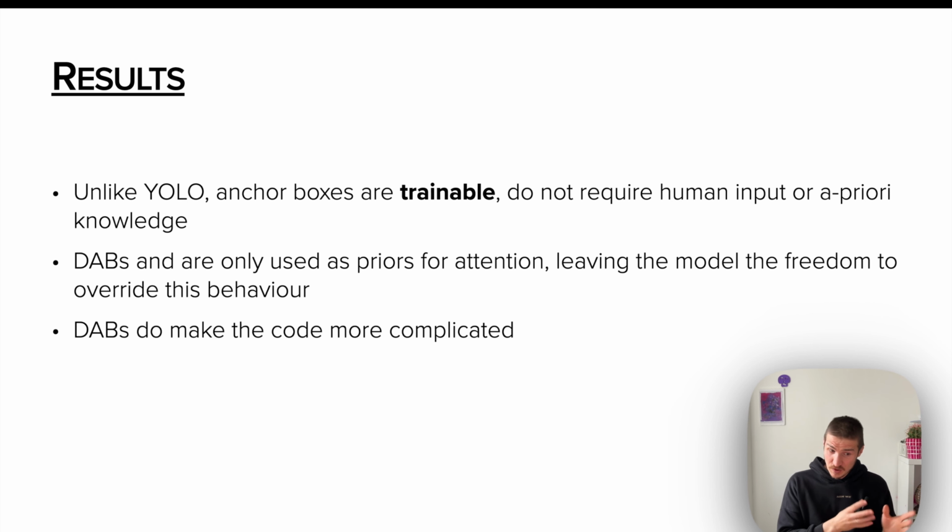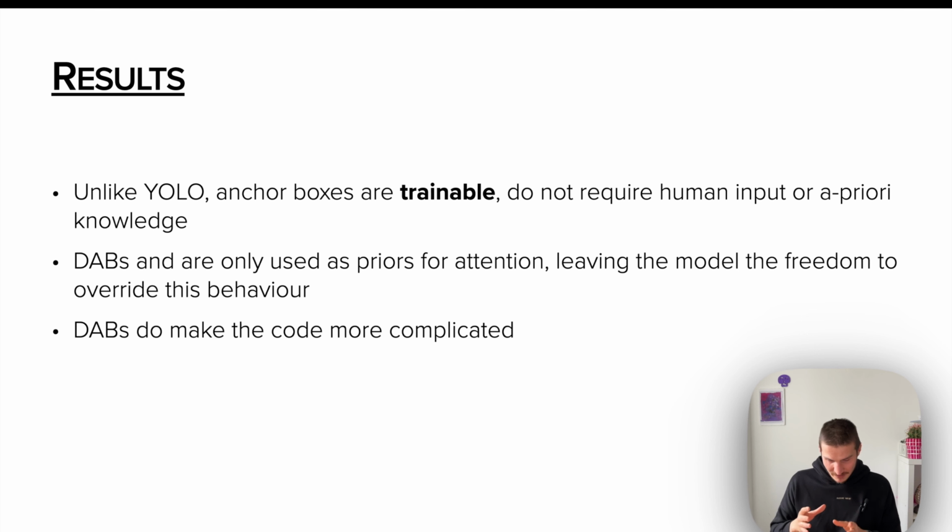So one comment about the comparison of these anchor boxes to what we had in YOLO, which also used anchor boxes. One key difference is that in our case, anchor boxes are trainable. So we are not explicitly coding down some anchor estimations, and that is prone to error. We might be mistaken. We might not do that properly for the current dataset that we have. Instead, we let our model learn that. Then, on top of that, it's only a part of attention.